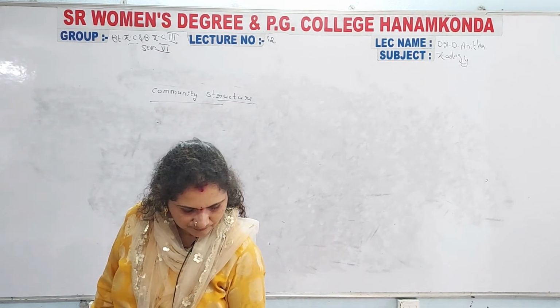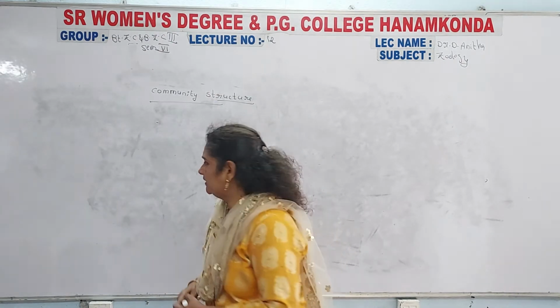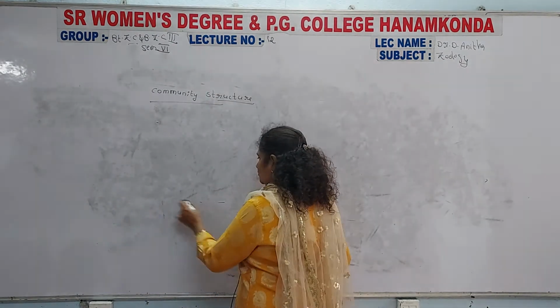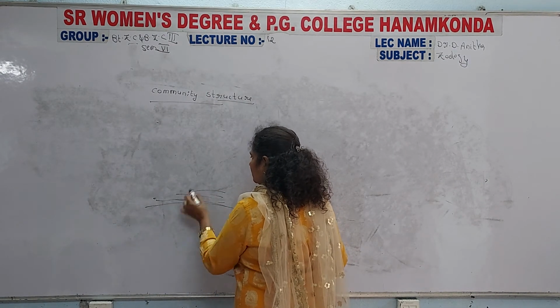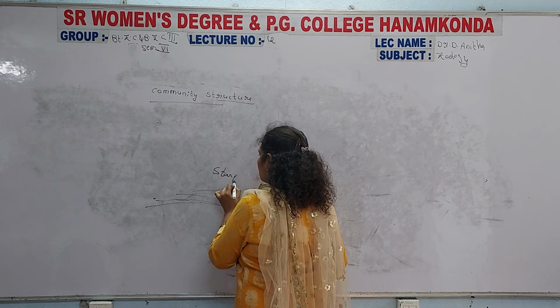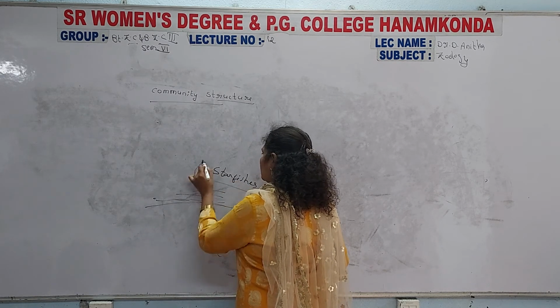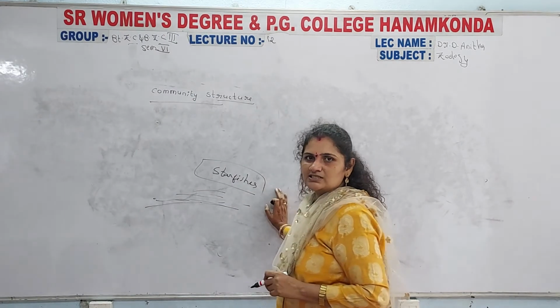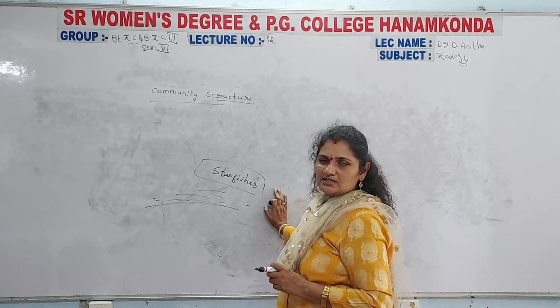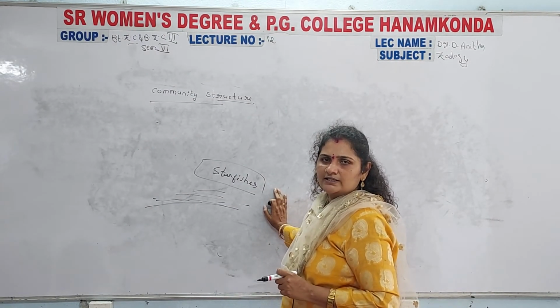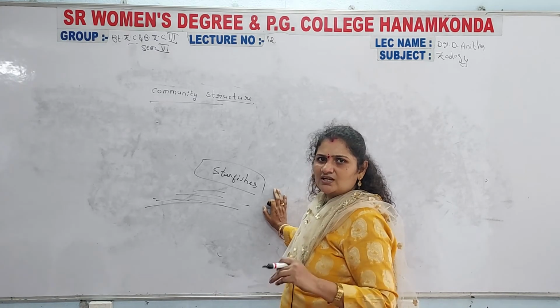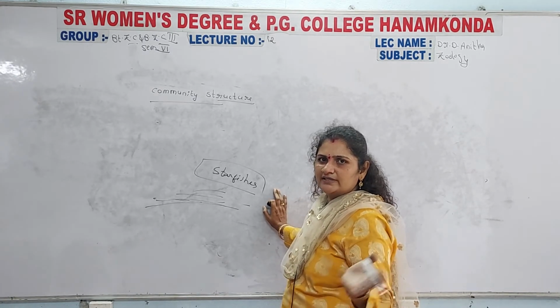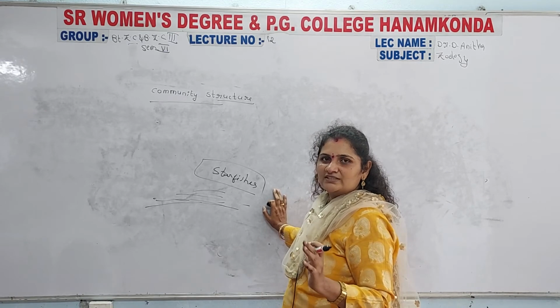At the sea level, at the edges of the sea water, mainly the starfishes are observed. Starfish is an echinodermata organism, the last phylum in invertebrates. Starfishes, sea stars, and some other echinoderms live at the edges of the sea water, the intertidal zone.